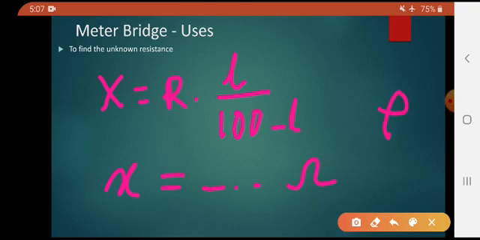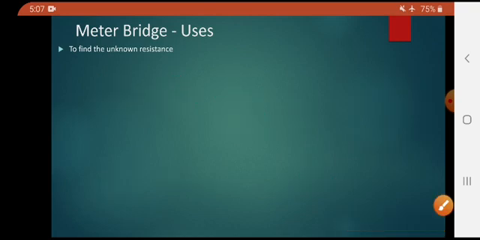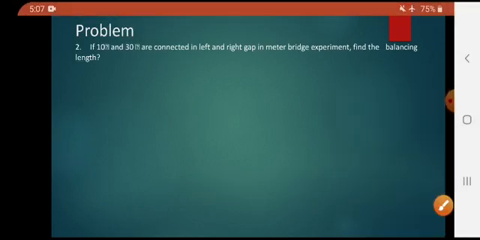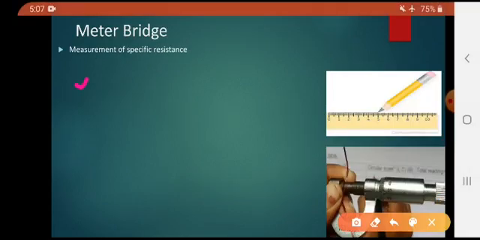Now you have to find the specific resistance of the given wire. How to find the specific resistance? What is the formula for the specific resistance? Specific resistance rho equals R A by L. Here R is the resistance, A is the cross sectional area, L is the length.